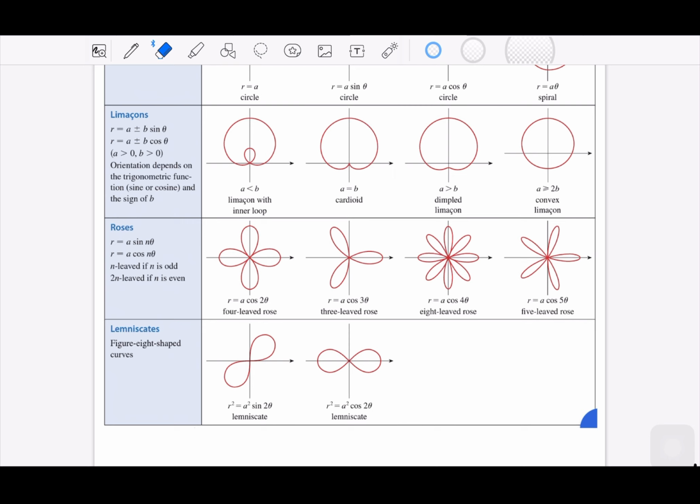Okay, that's what we call the lemniscate. So that is all the commonly popular figures of the polar curves.